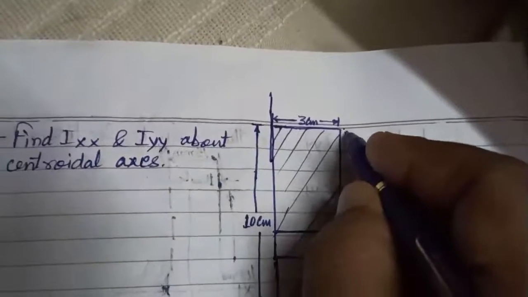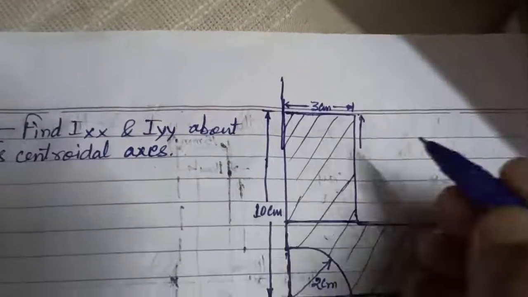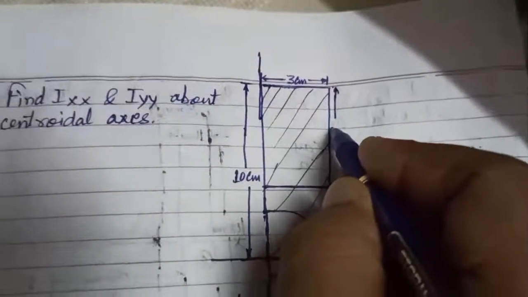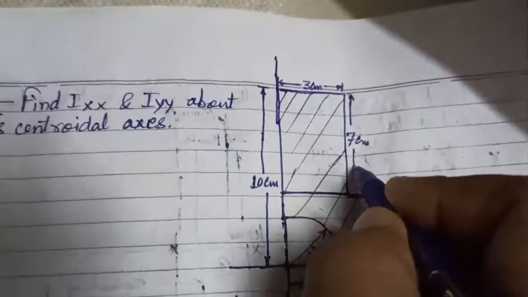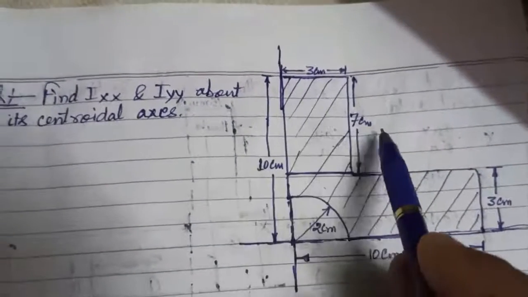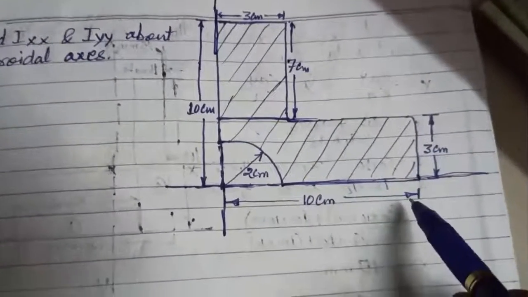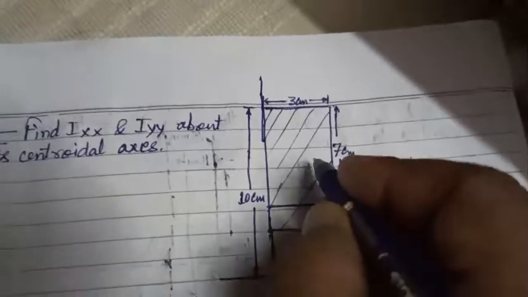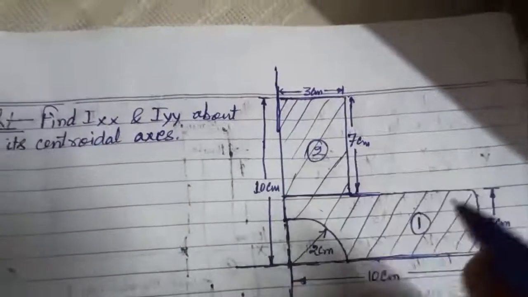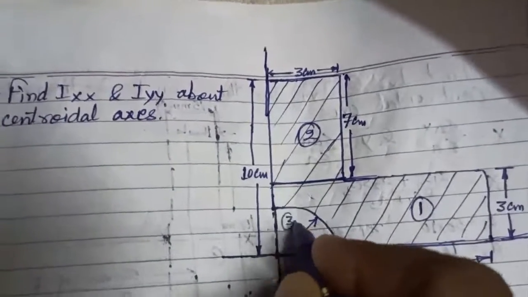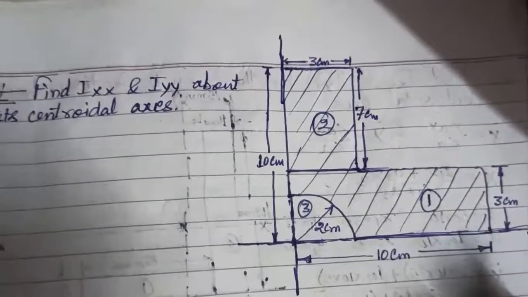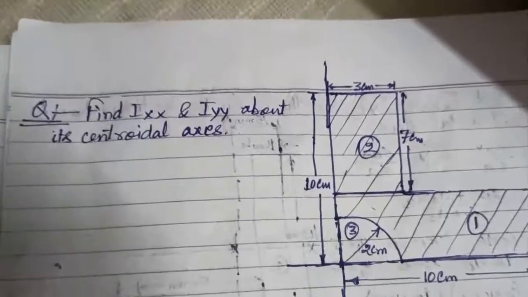For this rectangle, this side is 10 minus 3 is equal to 7 centimeter. So this rectangle is 3 by 7 and this rectangle is 10 by 3. So this is 1, this is 2, and this quadrant is deducted from this area. So now we will find the centroid.